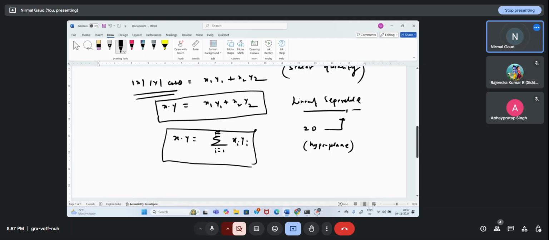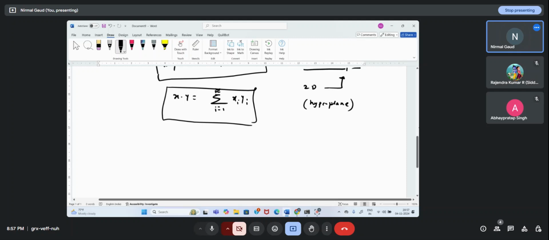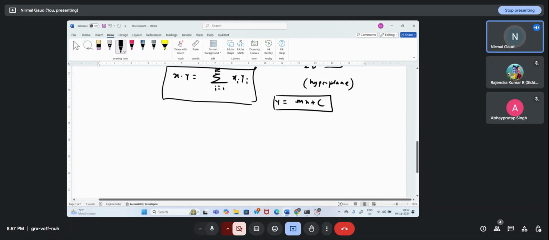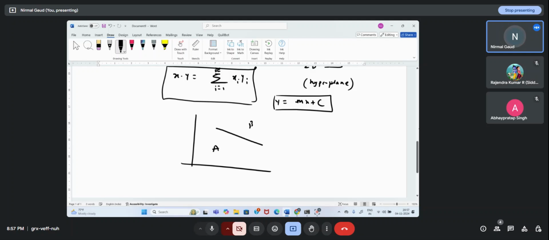Okay. So what is the equation of a line? You write the equation of a line as y equal to mx plus c. This is how you write the equation of a line. Now, if I am having a diagram like this, this is A, this is B. This is a line or a hyperplane which is dividing two classes. This is F1, this is F2.